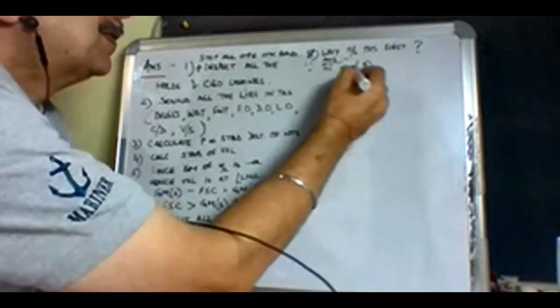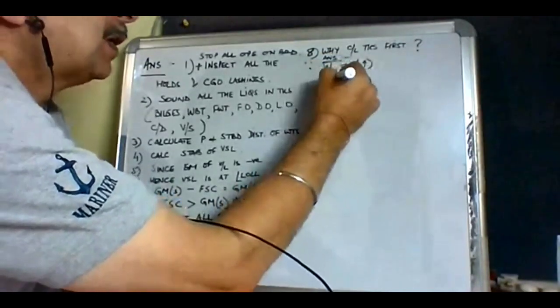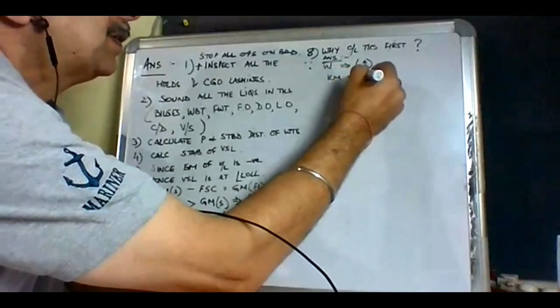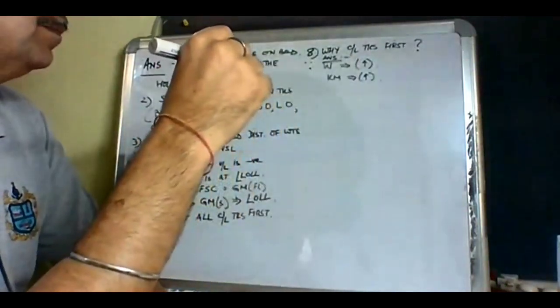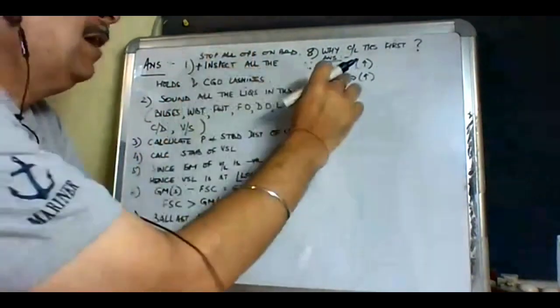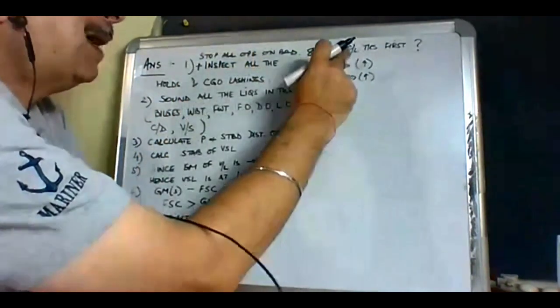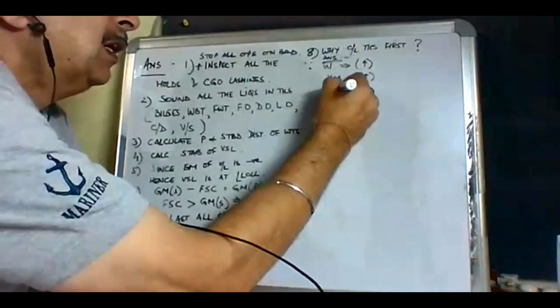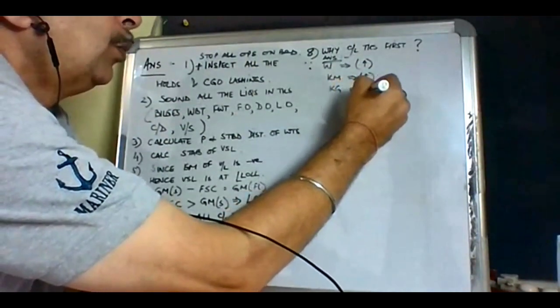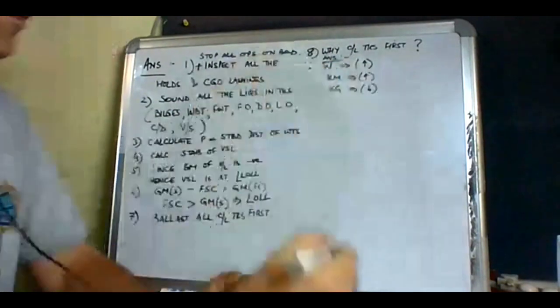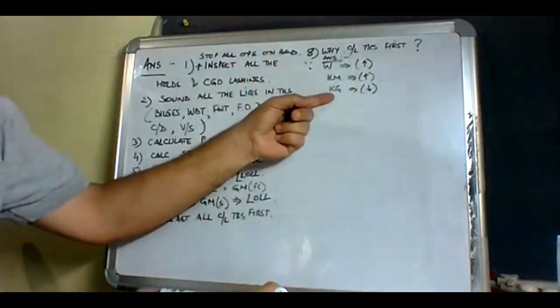The displacement will increase. When displacement increases, as a result of that, KM will increase. If KM increases and I'm ballasting centerline tanks, the KG will be going down. So KG is going down, KM is going up.